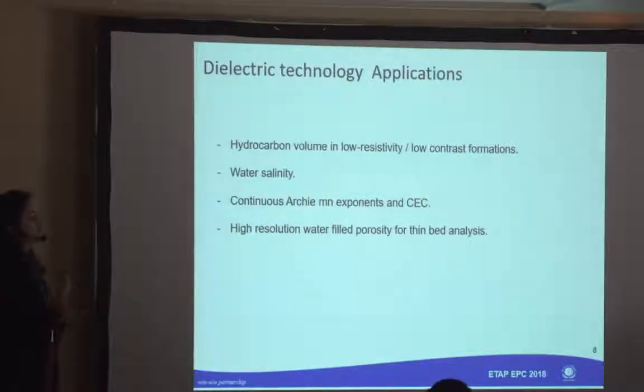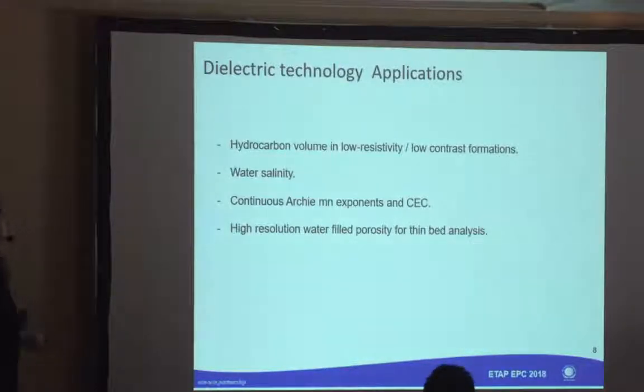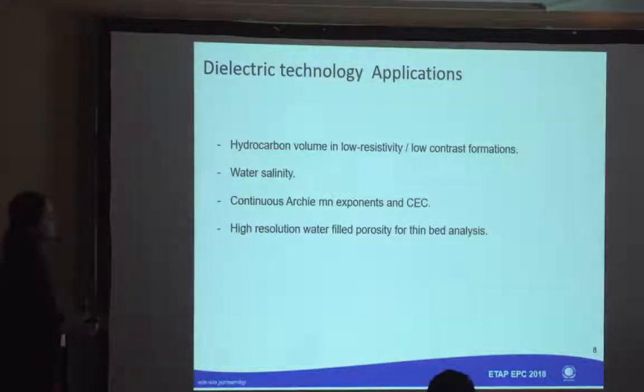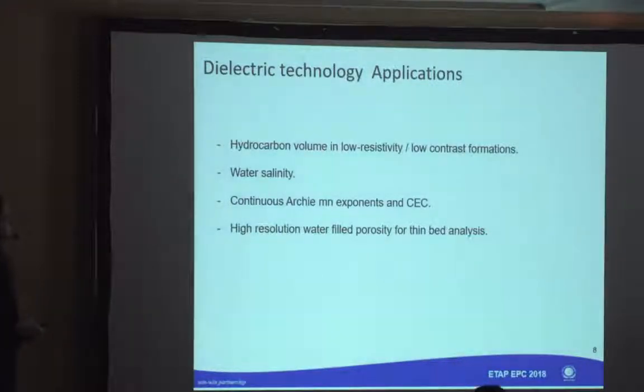Due to the textural parameters, we can have a continuous measurement of the m and n exponents that before we could get only from core measurements, and cation exchange capacity for the clastics environment.